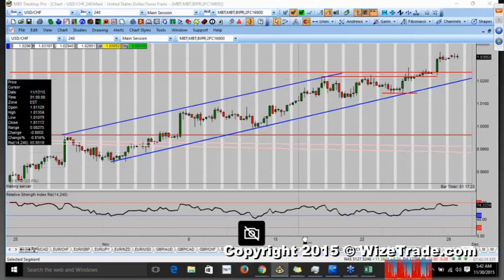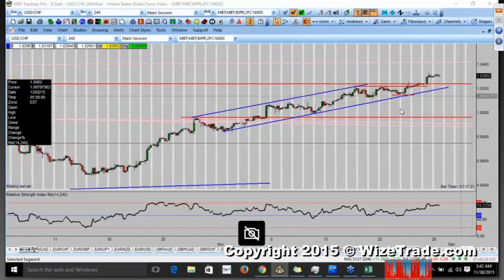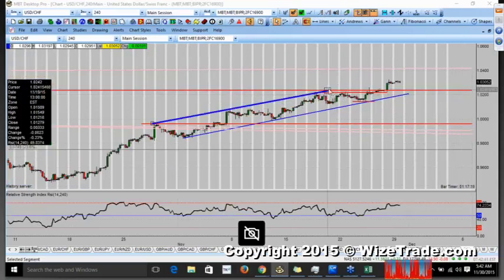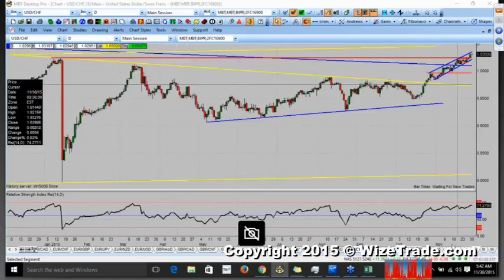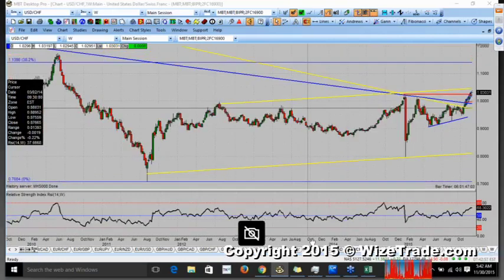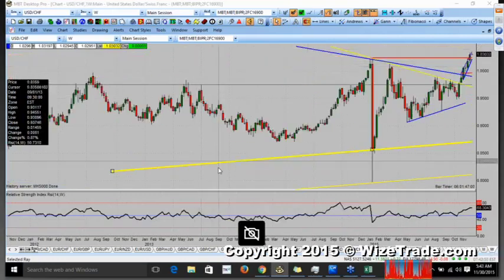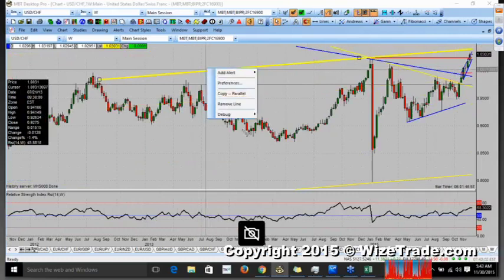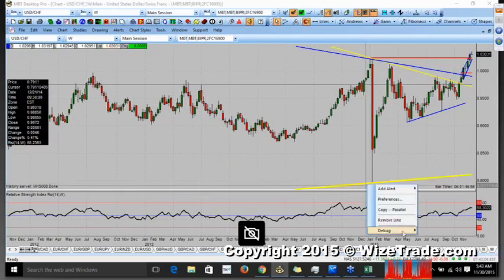Now here's your up-sloping channel, still in play, and that's containing us right now. But the problem is for this dollar Swiss, we're in taking-off territory. There's not a lot stopping us at this moment. We did a brief little channel here, but I really don't know if that's going to contain prices at this stage.